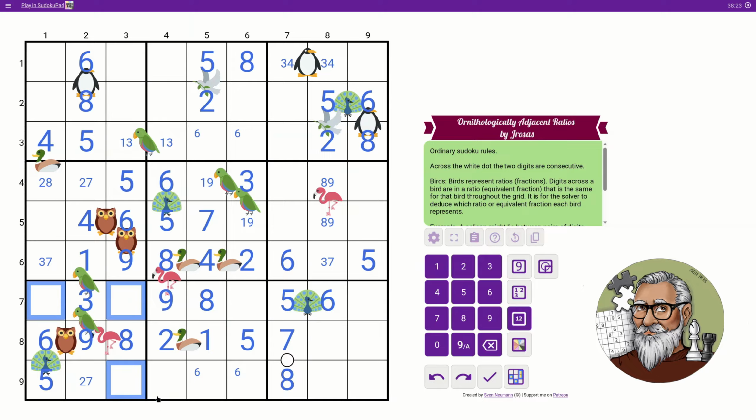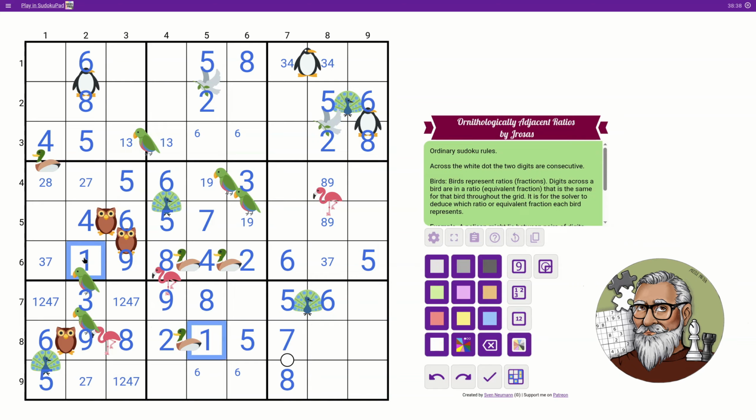What am I still missing then? In box number 8, I'm missing a 1, the 2, and the aforementioned 7 and 4, right? Oh, wow, I can't eliminate any of these. That's interesting. Right, what do we do then? We do the old Sudoku trick. 2.